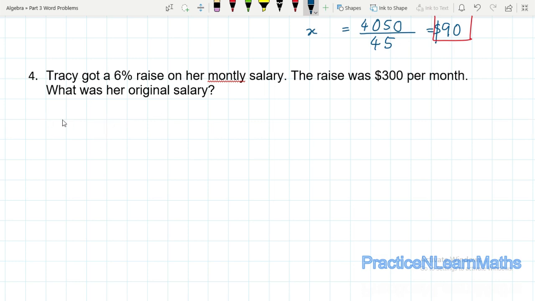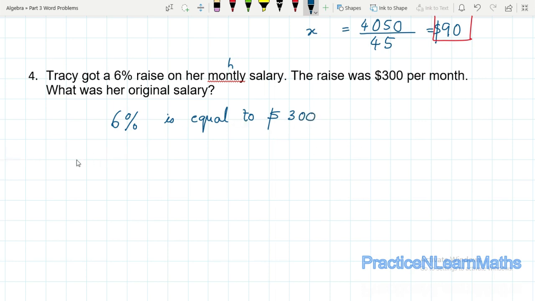Next question. Tracy got a 6% raise on her monthly salary. The raise was $300 per month. What was her original salary? So, we find that 6% is the raise. 6% is equal to $300.